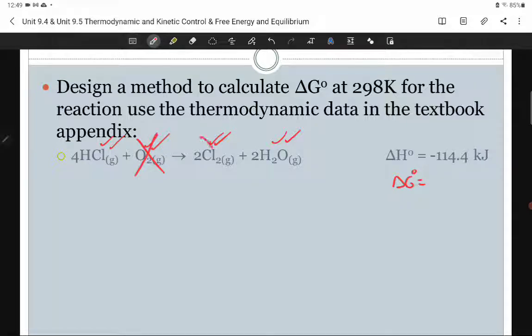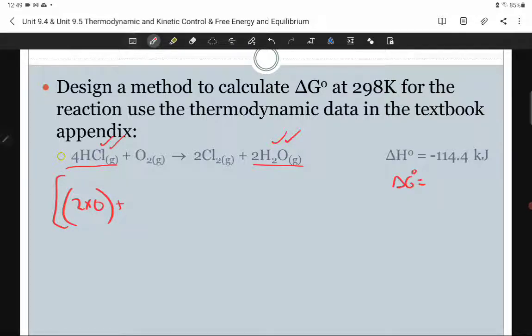This one and this one are elementals in their standard state, so they're going to have values of 0. So I only really have to look at those. Let me erase all that. The chlorine has a value of 0. Yes, there's 2 times that, but I don't really care about that.